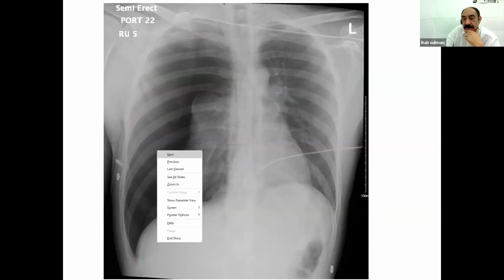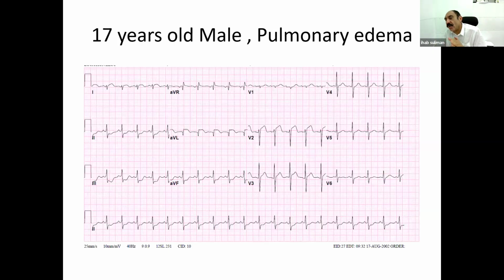So let us move on to another case, a 17 years old male. And this patient, I tell you, was the first patient I saw with pulmonary edema. He was so sick that he was intubated in a short period of time, and he was producing very frothy sputum.